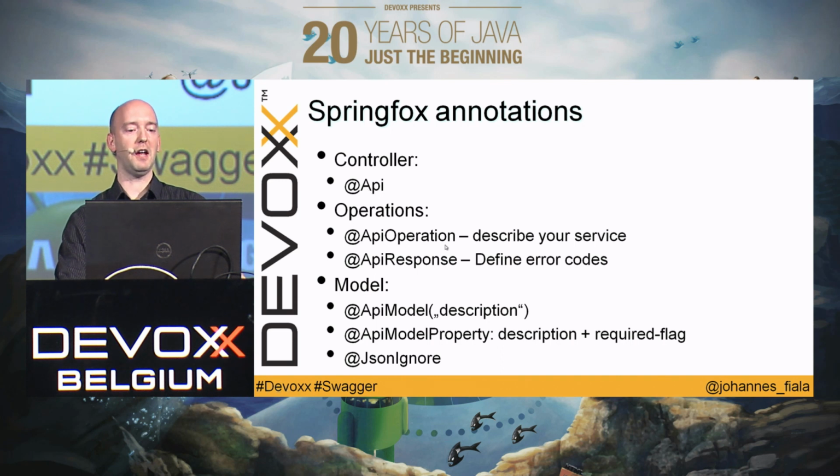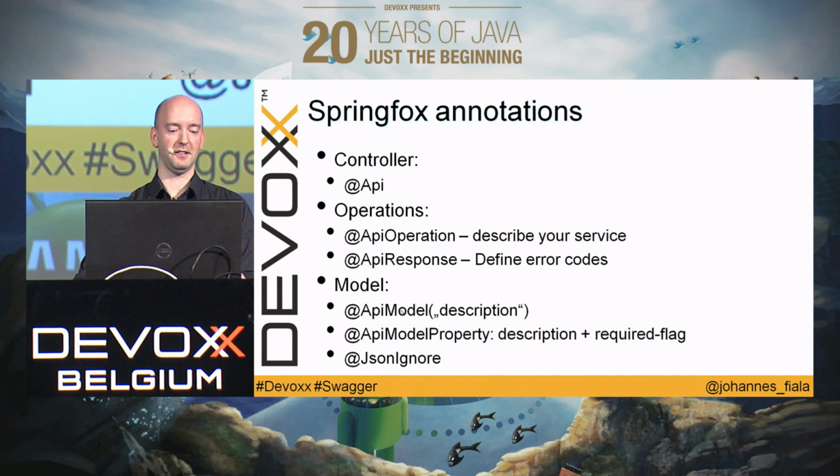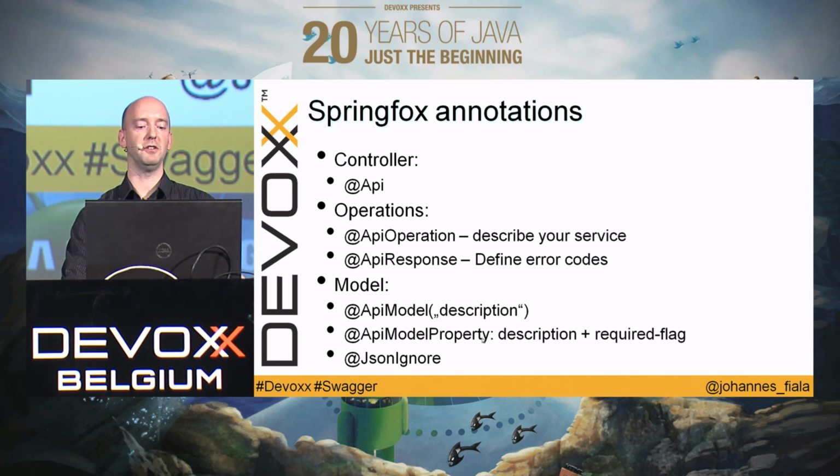So you have the API operation annotation for the methods, the API response annotation to define the error codes, and for the model classes, the API model annotation and API model property annotation for your fields. And for JSON, you can use JSON ignore to simply hide an attribute in the API.